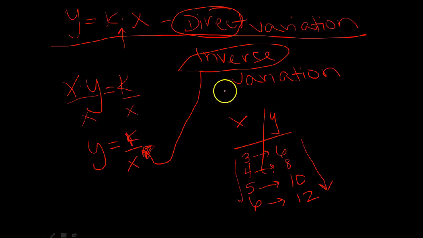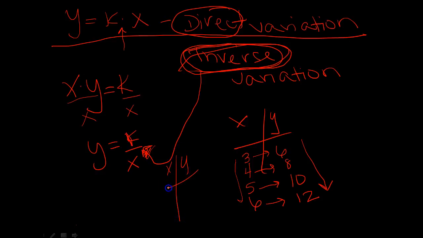Now, what you're going to notice today is that inverse variation is a little different. Let's say we had the same numbers, x and y, and I had 3 for my x.